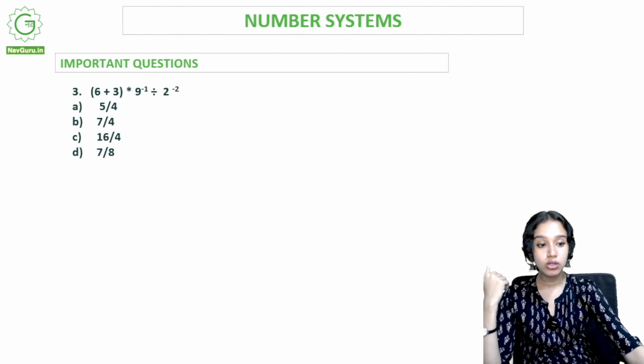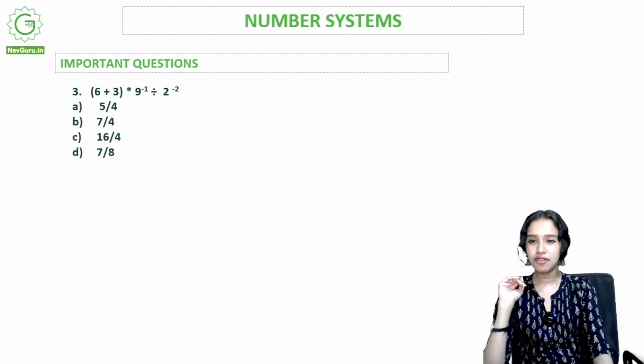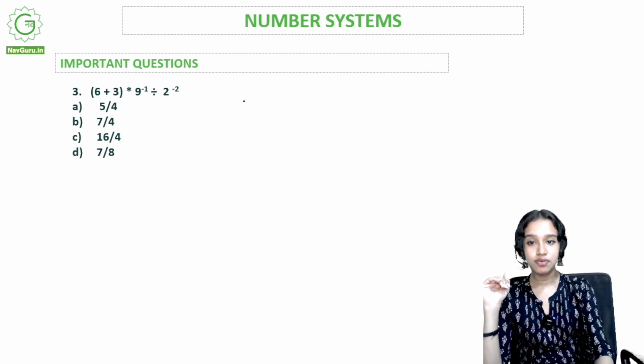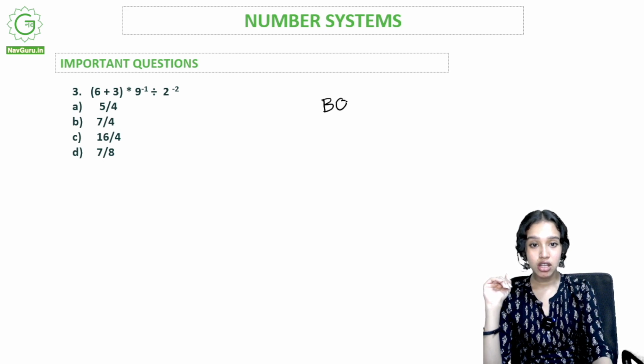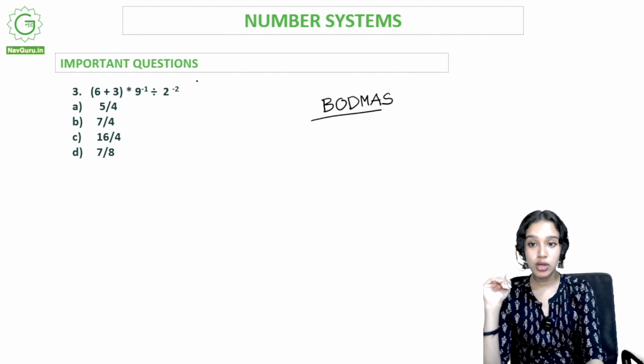So let's move on to the third question. The third question is actually a very simple question which is using the BODMAS rule. So what was the BODMAS rule? Brackets, order, division, multiplication, addition, and subtraction. This is the order in which we'll do this question.